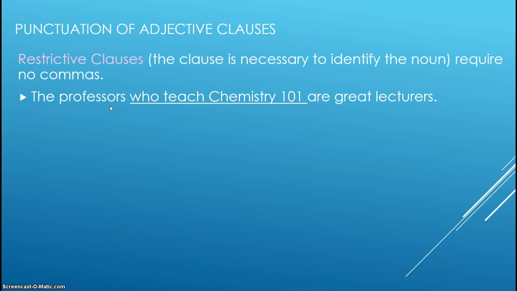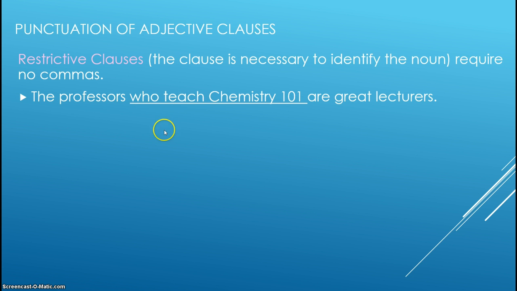All the professors in the world, or all the professors in this university or something? No, I specify I'm only talking about the professors who teach Chemistry 101 in this particular context. So it restricts the meaning of the noun to only those who qualify under these. So that's a restrictive clause.